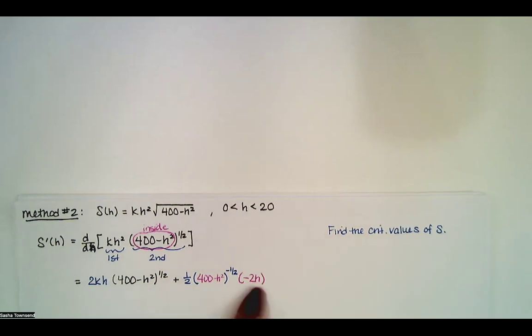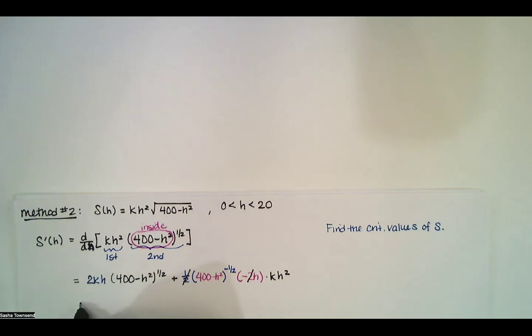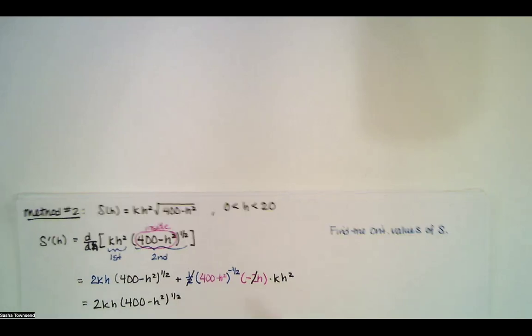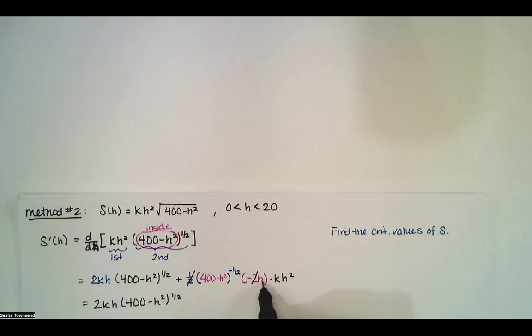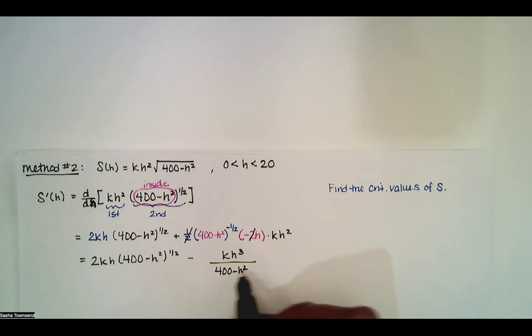So this is the derivative of the second, and we have to multiply by that first function, which is kh squared. And the 1/2 and the 2 reduce. So we end up with 2kh times 400 minus h squared to the 1/2. And then we've got a negative h times kh squared, so negative kh cubed. And this 400 minus h squared to the negative 1/2 can be written as 400 minus h squared to the positive 1/2 in the denominator.